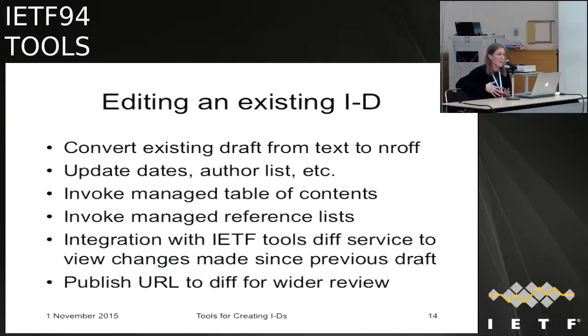So that would be the quick and easy way to get to a source file, as opposed to if you're starting with an internet draft and you want to make an XML file, there's not a really viable text to XML tool that exists currently. So it's more of a manual process, and I'll talk more about that later.